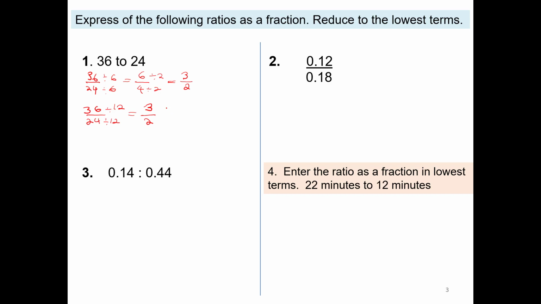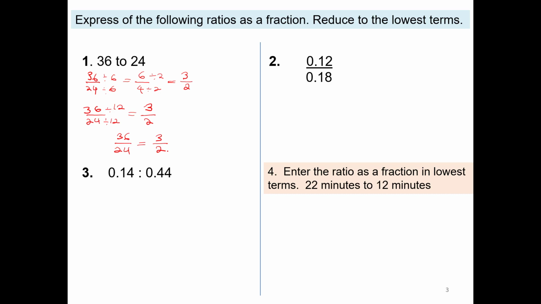Either way is correct. Then finally we can say that 36 over 24 equals 3 over 2. And let's try the next problem.